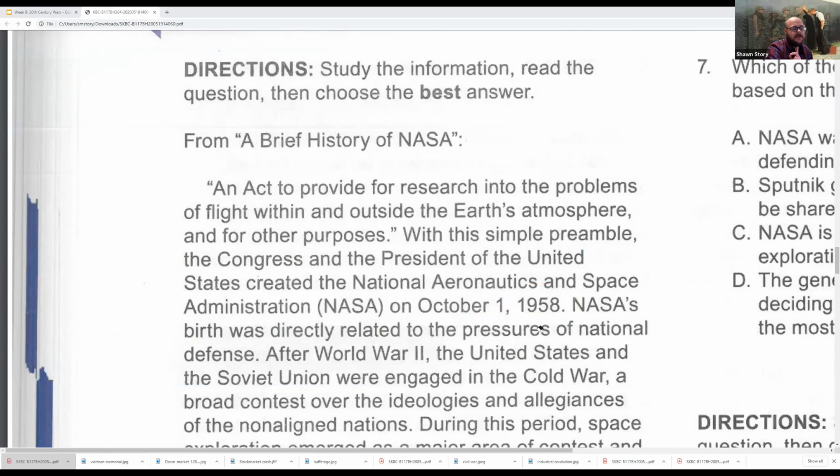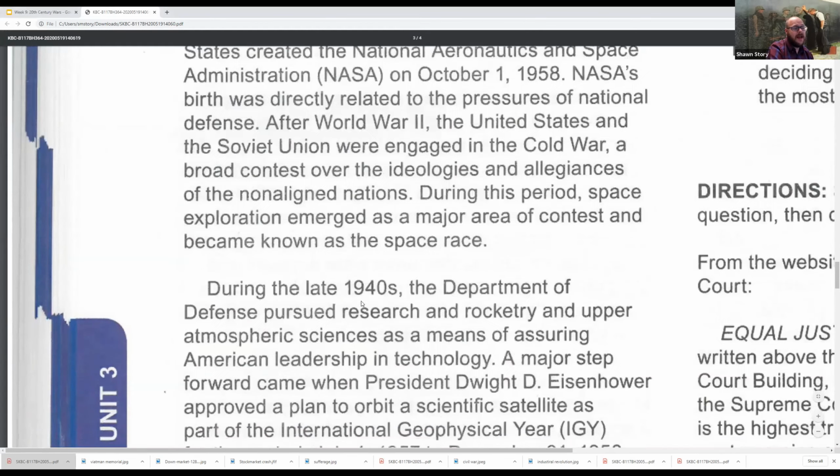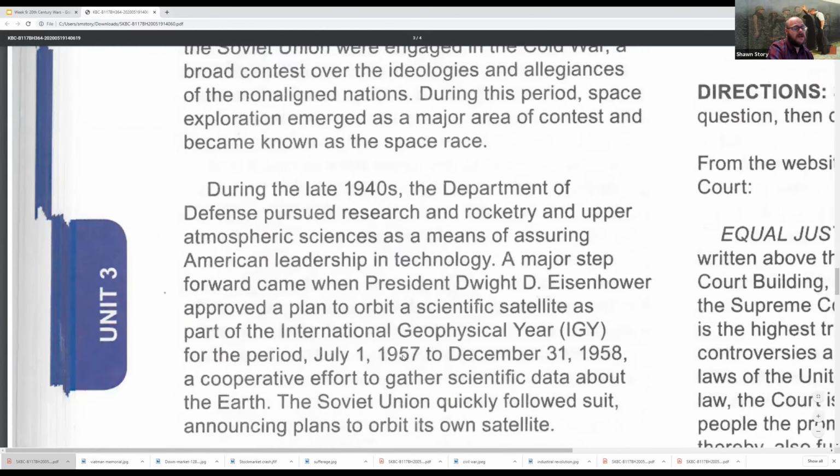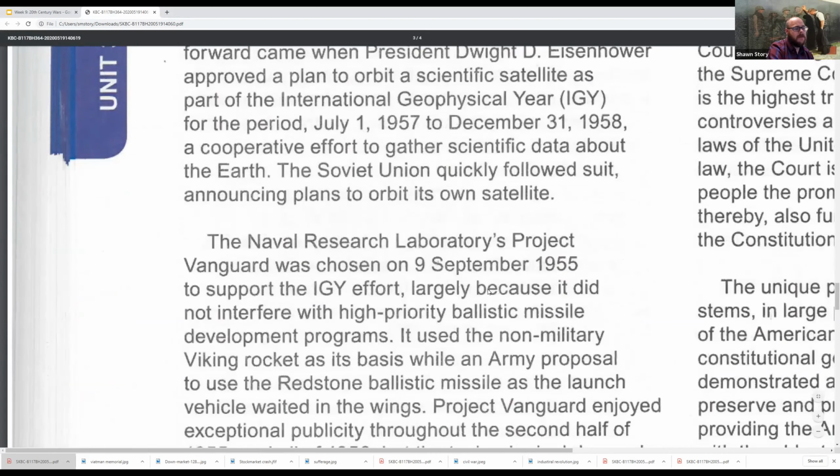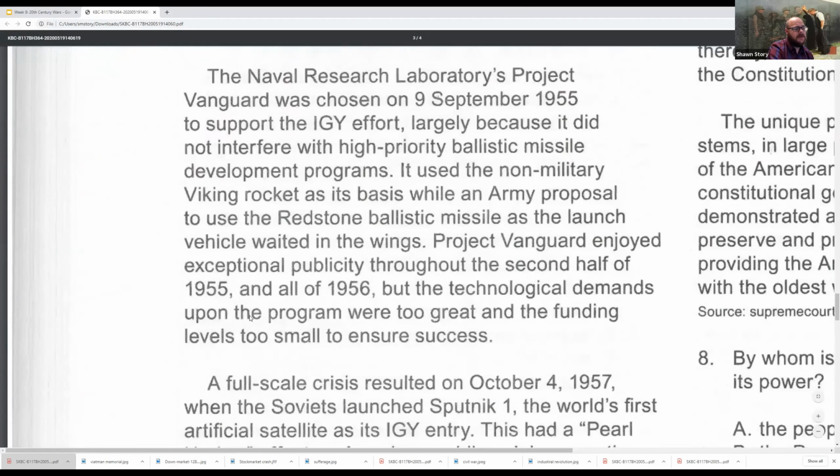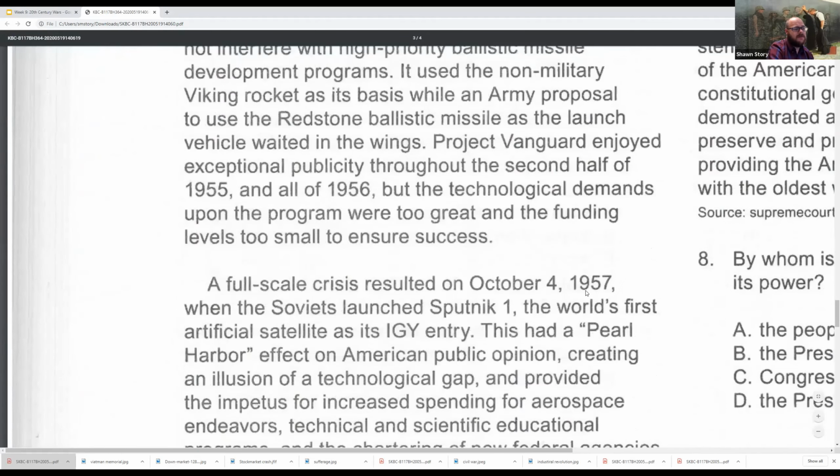So NASA was created in 1958, but then the author goes back to tell us about what was going on in the 1940s, 1957, 1958, and how in the 1940s and then 1955, these other countries had developed what they had in 1957.